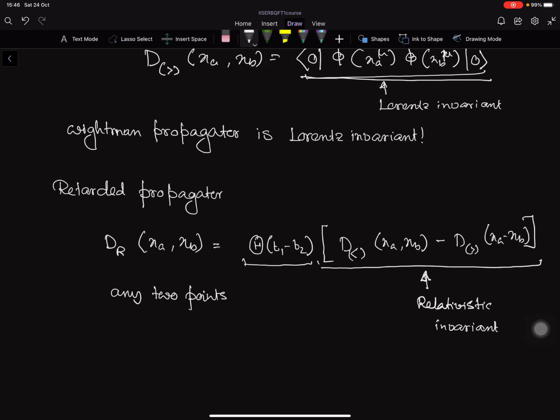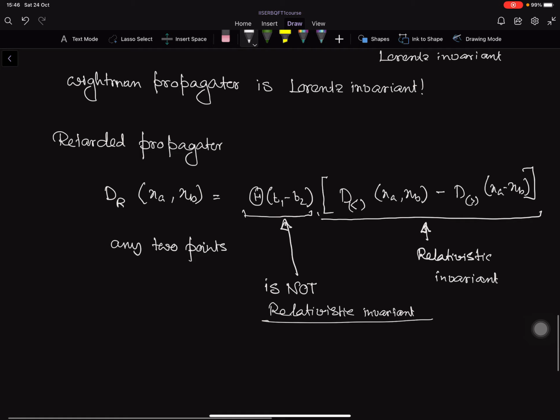The theta function is not relativistic invariant, because for time-like separated points and space-like separated points, there is no unambiguous meaning of the theta function.